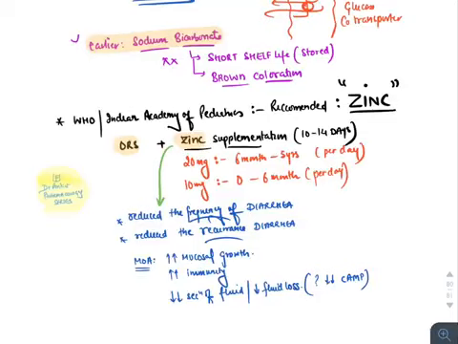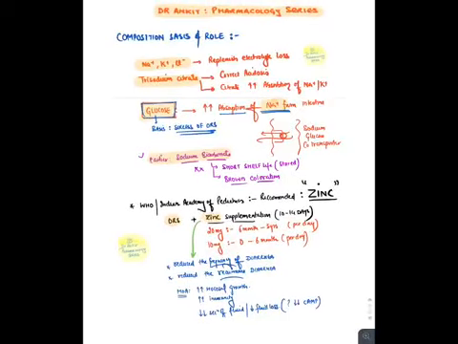Zinc has been shown to reduce the frequency and recurrence of diarrhea. Why? It protects mucus and causes mucosal growth so that better absorption of nutrients can occur. It increases immunity, and it also reduces the fluid because it decreases cyclic AMP level inside the cell.